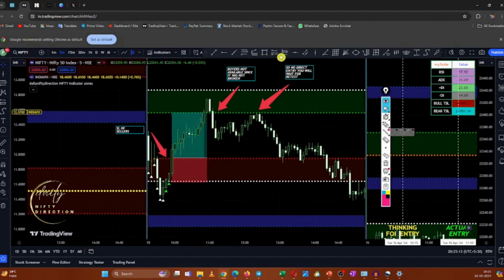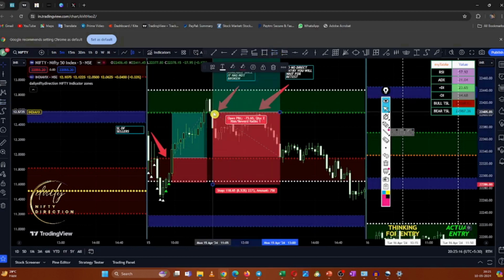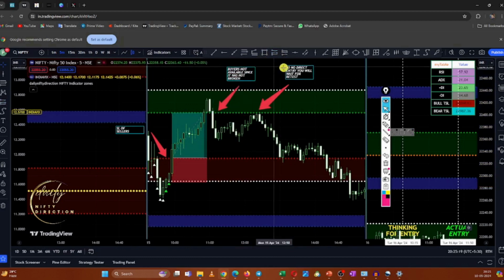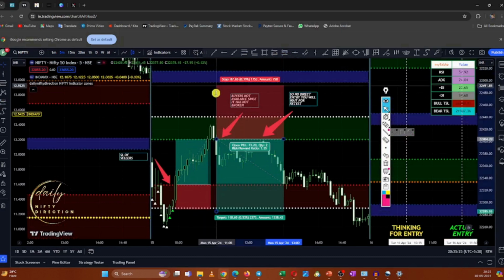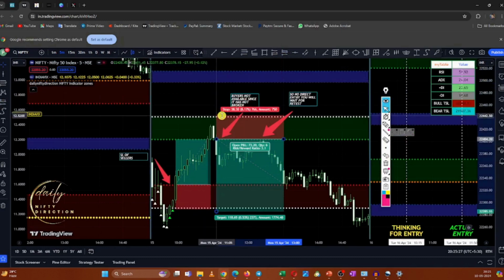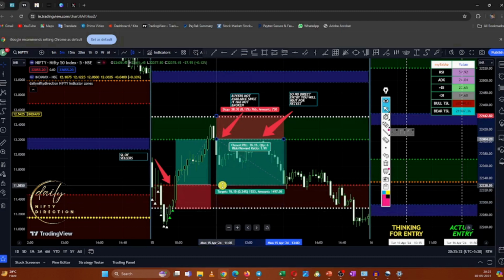So even on the ranging market, how many trades are you getting here? You are getting almost 3. Even on such a ranging day, you are getting 3 trades.